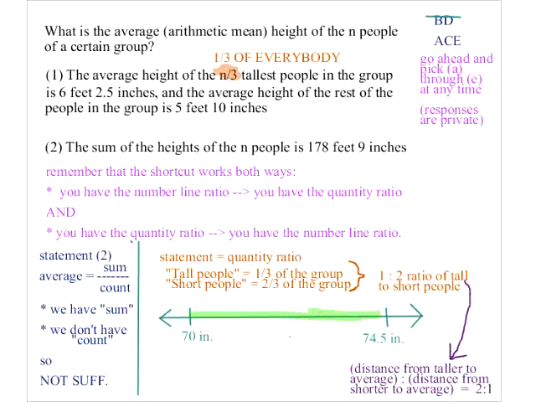So you know this is a ratio, so you can use that fact to realize that the taller people's distance is, sorry, that's backwards.